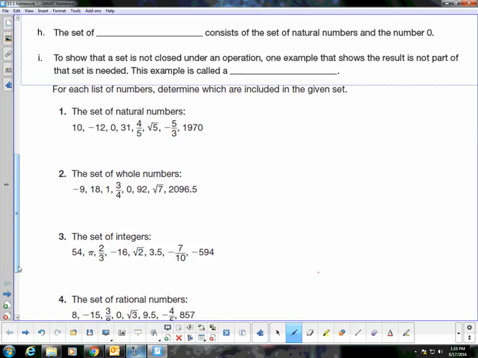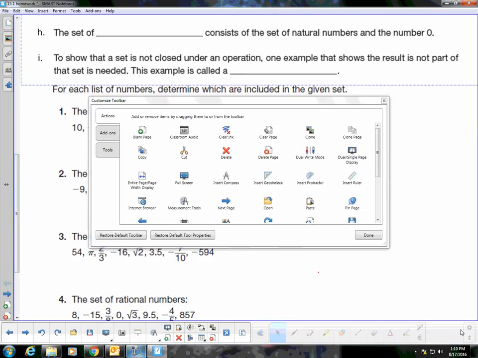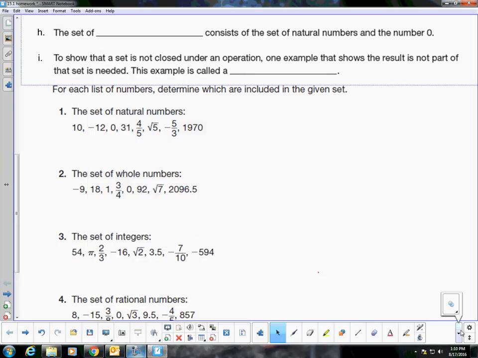So for question number 2, I want to list all the numbers that are indicated in the given set. And the given set is a set of whole numbers.